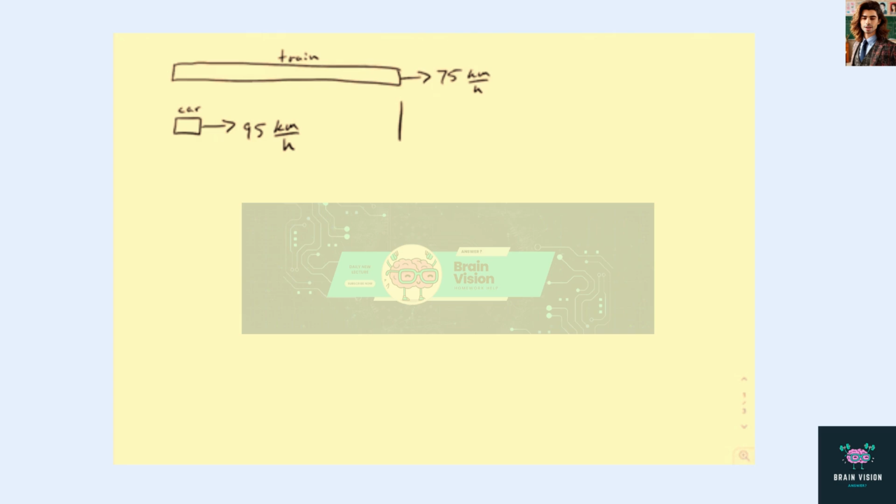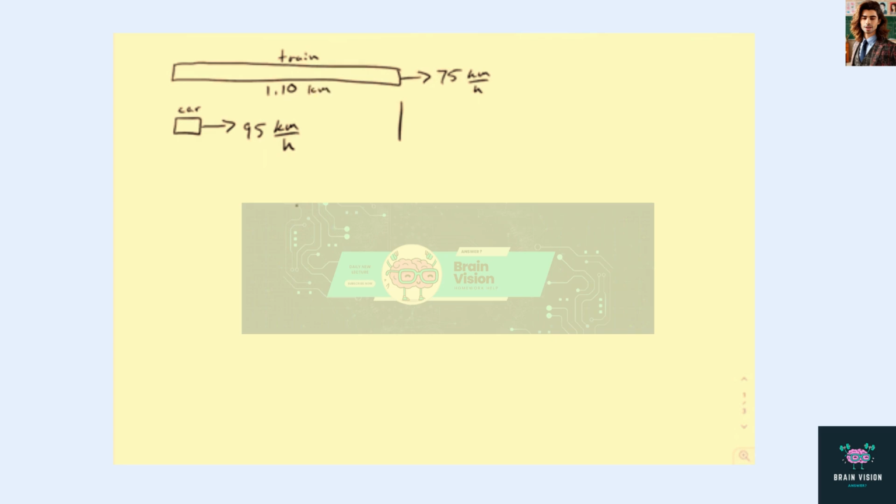So if we want to know when the car is going to pass the end of the train, then we know that the car is going to travel 1.1 kilometers past or farther than the train has traveled. The train is 1.1 kilometers long.